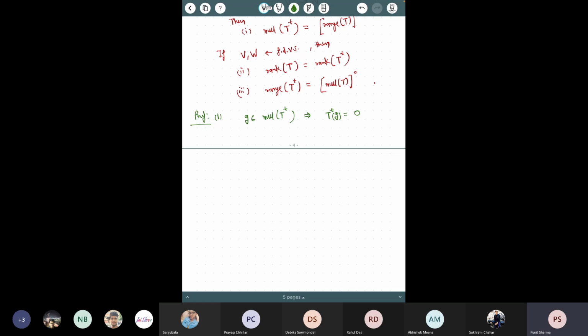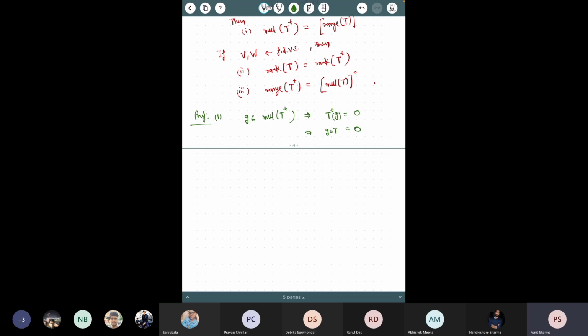It means g composed with T, just g of T, is 0, because this is how we have defined the transpose.